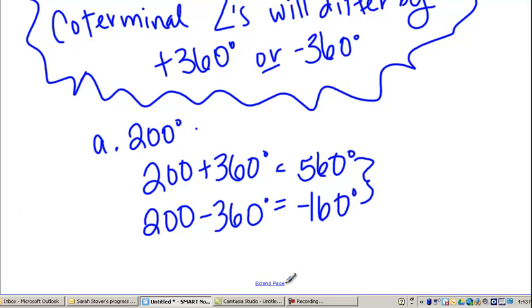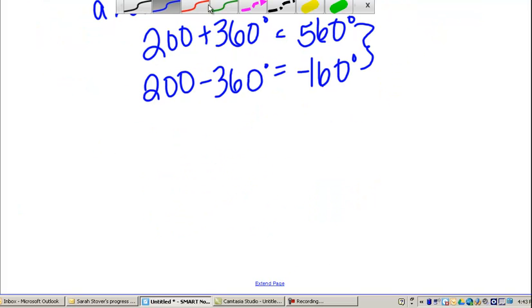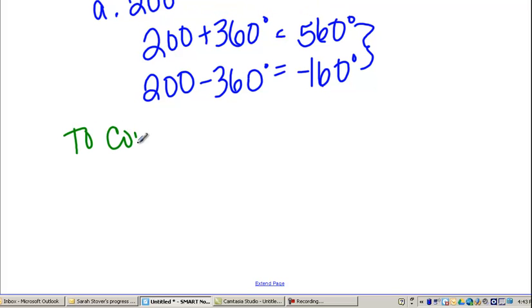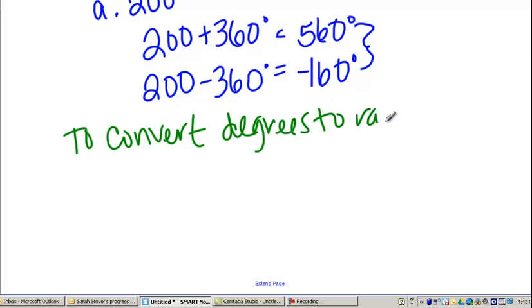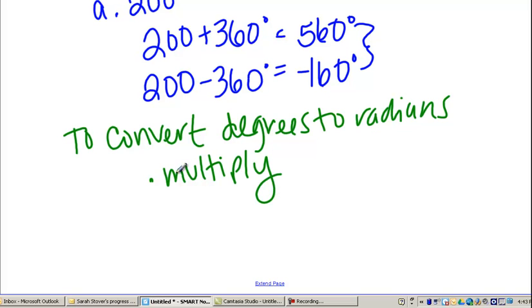Now, we're also going to be doing a lot of converting between radians and degrees. Okay. So to convert degrees to radians, this is also extremely important, you're going to multiply by pi over 180.